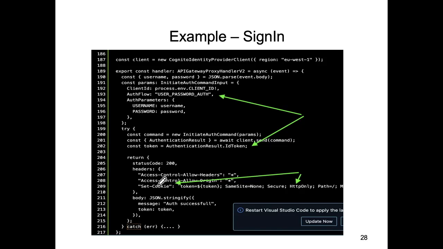In my case there's only one cookie in this string, but there could be more than one. My cookie string looks like this. I decided that the key I'm going to use is called token, and the value is the actual JWT token string itself.